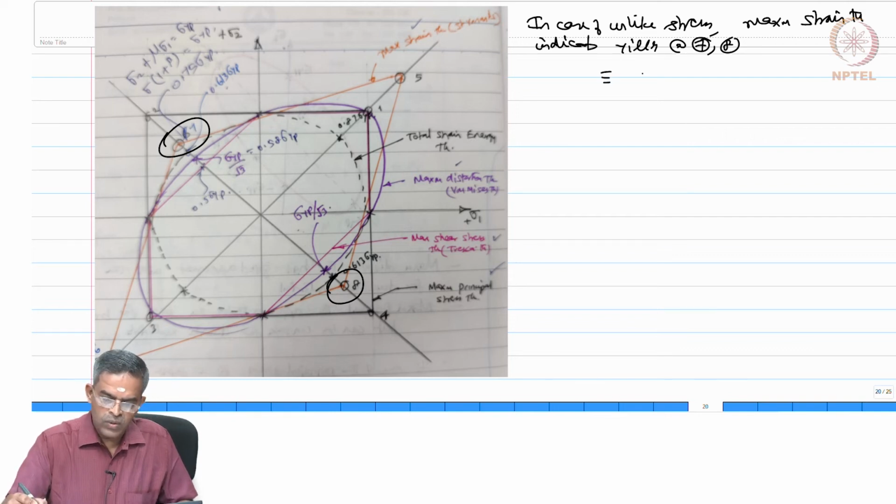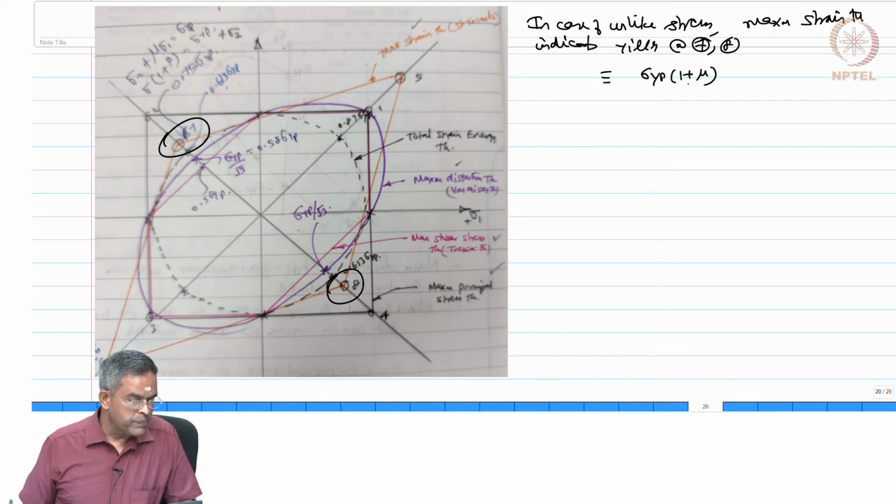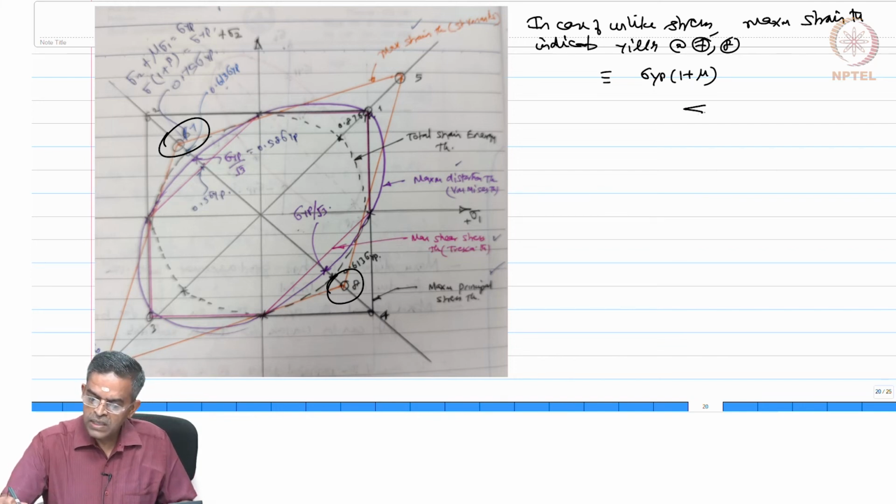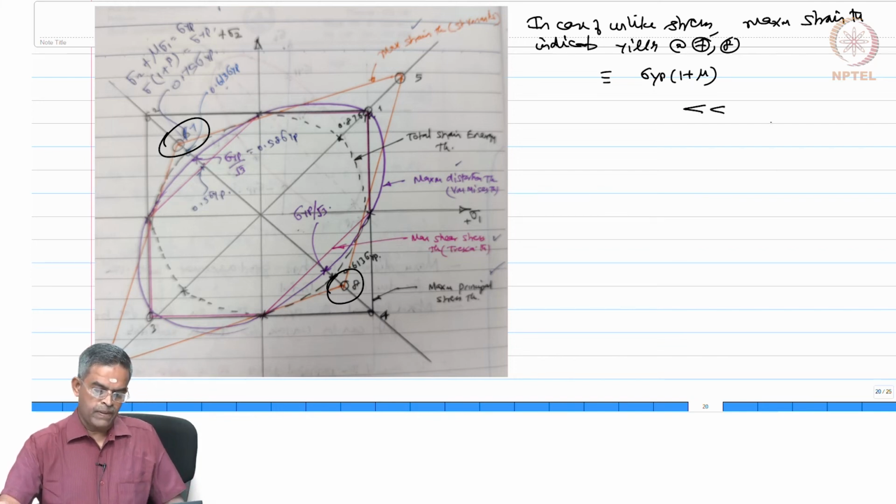The values are equal to sigma yp by (1 plus mu). These values are much lesser than points 2 and 4, is it not?